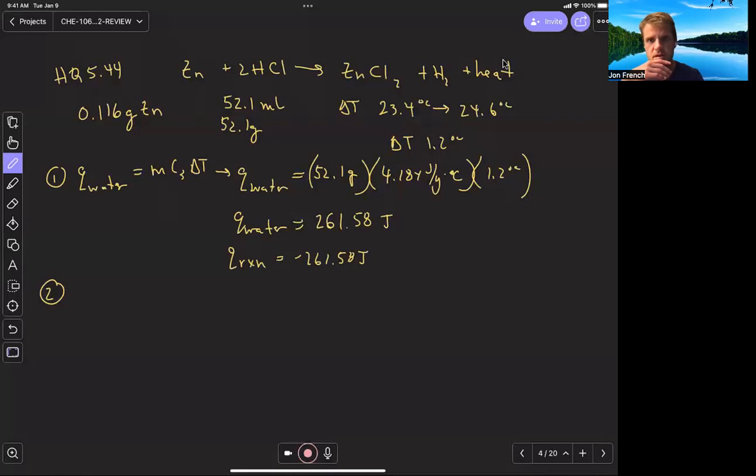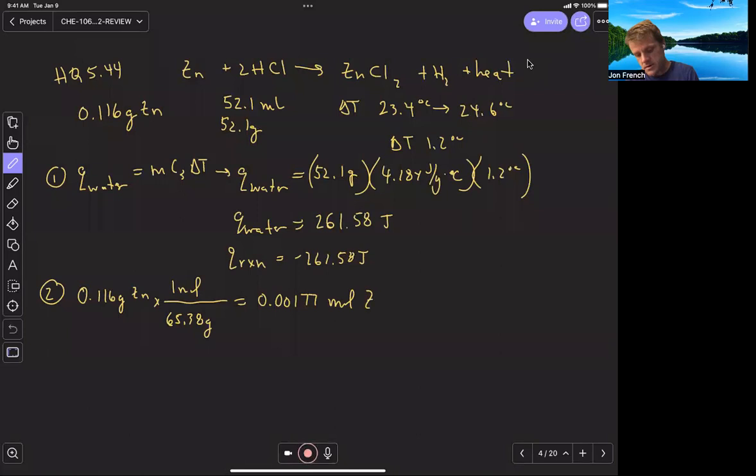So we go and look up zinc. I think zinc is 65.38 grams per mole. Well, I've got 0.116 grams of zinc, and I know for every 1 mole of zinc, I need 65.38 grams of zinc. So 0.116 divided by 65.38, 0.00177 moles of zinc, right?